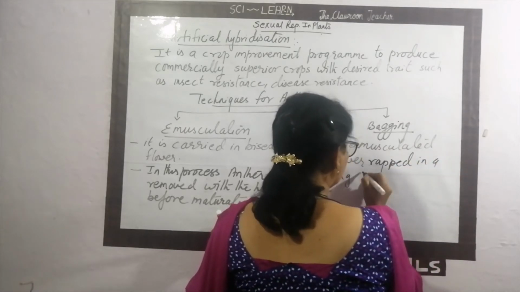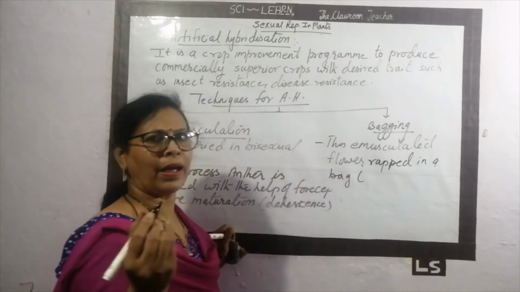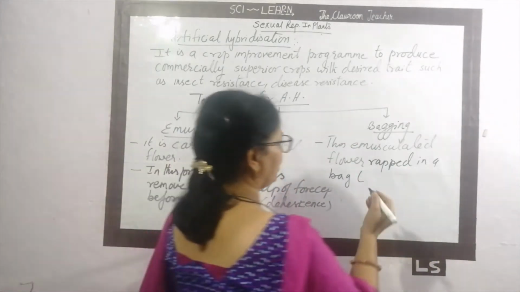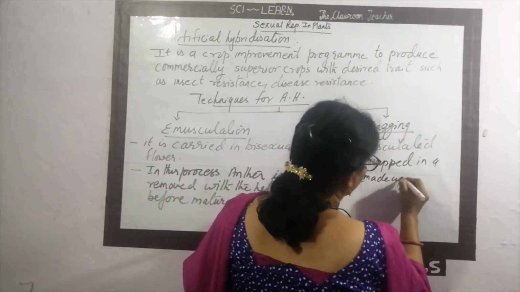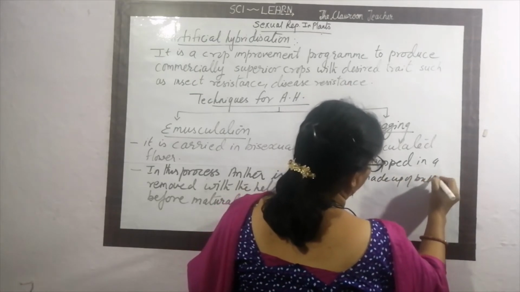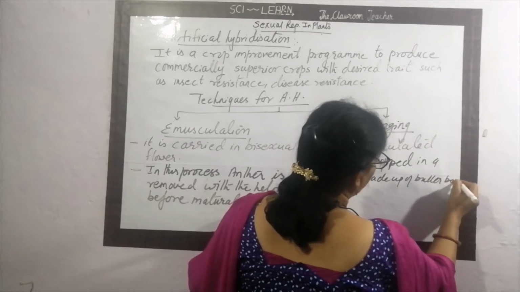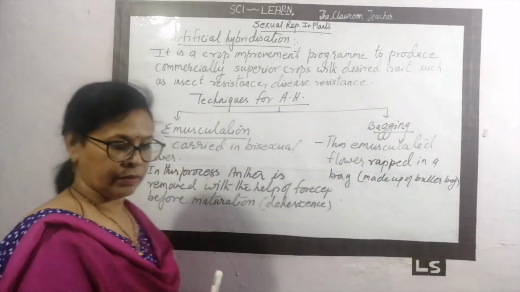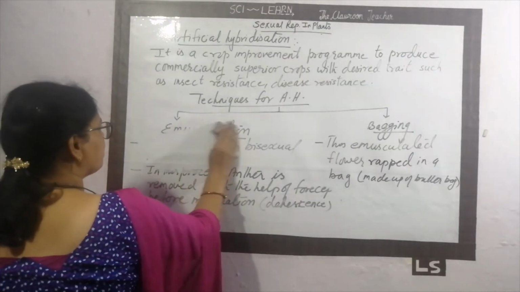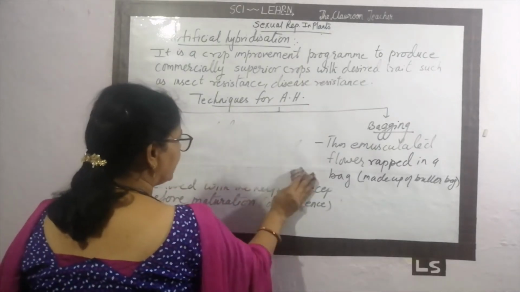The bag is made up of butter paper. Firstly the male part is removed, and then the female part is bagged in a packet.